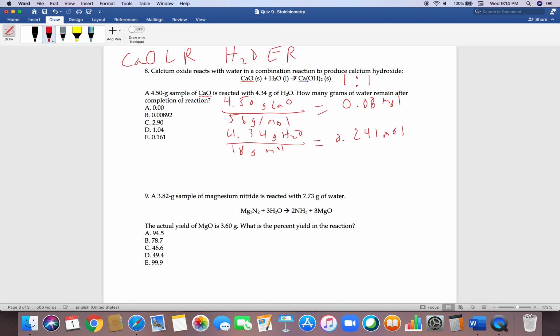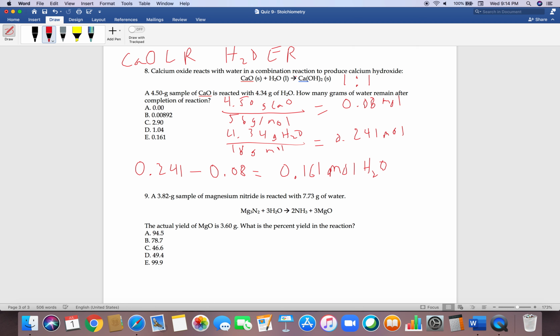So to find how much water remains, I'm going to subtract 0.08 from 0.241 to give me, let's see here, 0.161 moles of water.